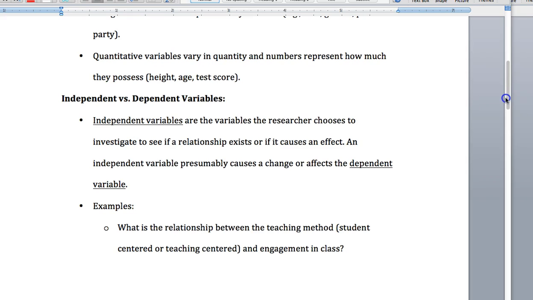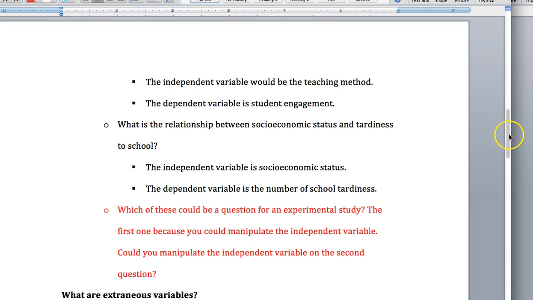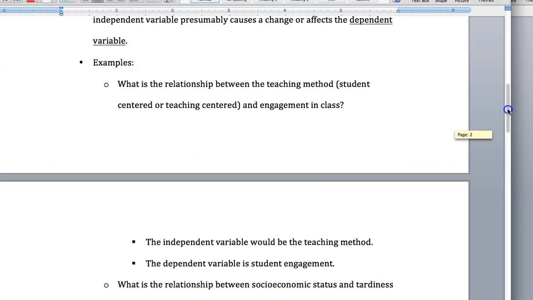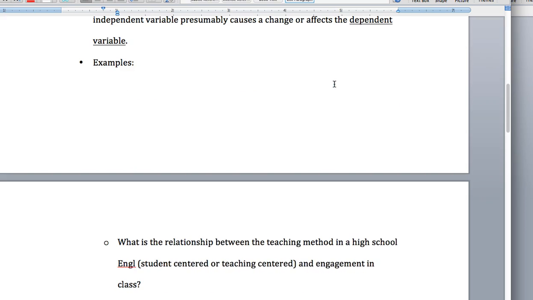There's not a lot of information provided in that question, but what do you think would be the constants in that question? Well, if this were more appropriately stated, it might say, what is the relationship between the teaching method in a high school English class and student engagement in class?